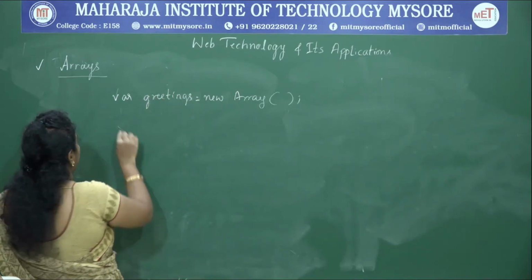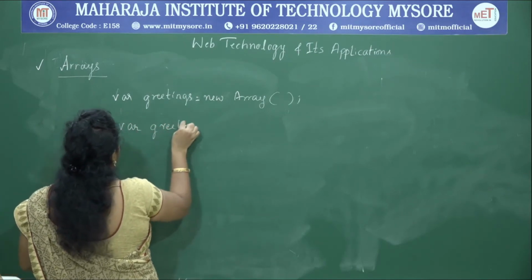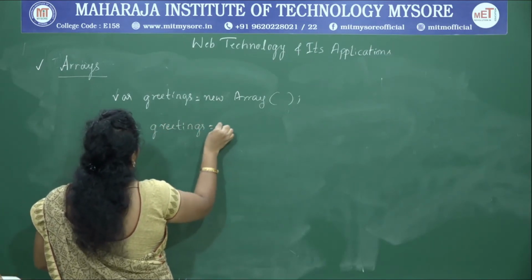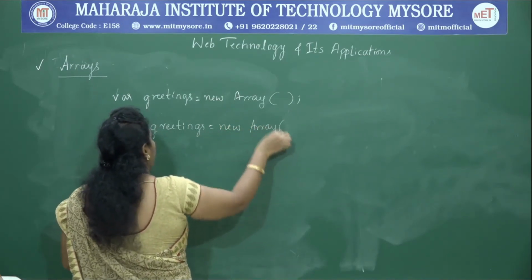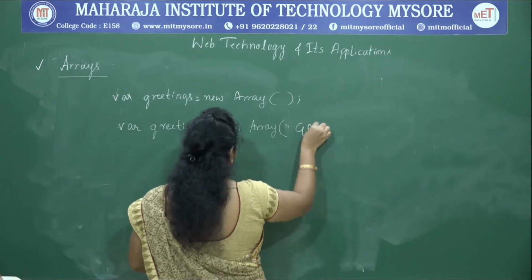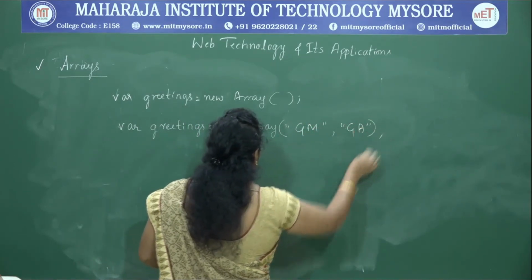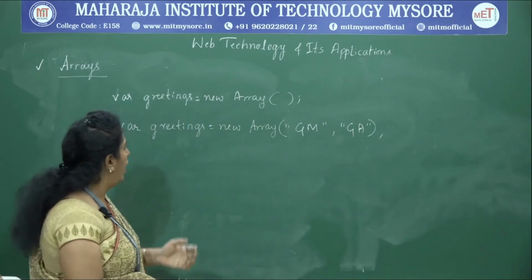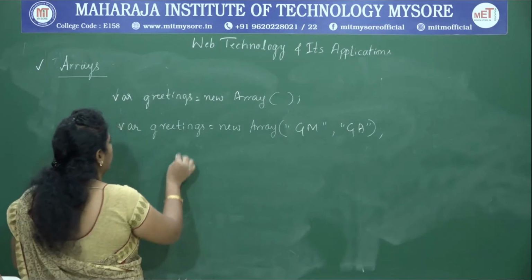Okay, so next let me write it in this way: greetings equals new Array, and here I am giving "good morning", "good afternoon". What happened? I have declared an array where it has two strings.